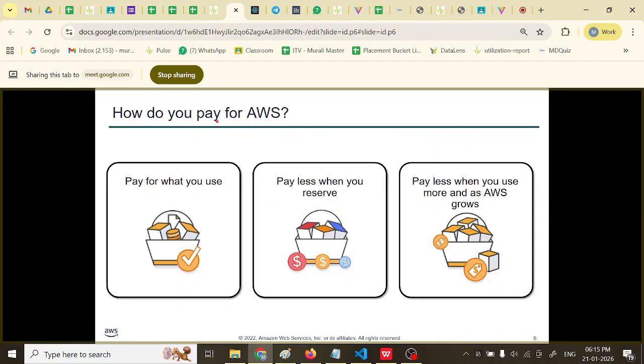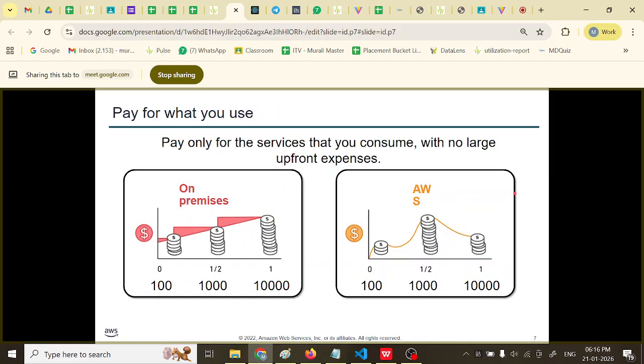And how do we pay for AWS? First, we pay for what we use, and we pay less even when we reserve. When you reserve the instances for a whole year, you are charged less. Next, you pay less when you use more, and as AWS grows. When you keep on using AWS, you are charged very little. We also talk about pay for what you use, and how on-premise compares with AWS.